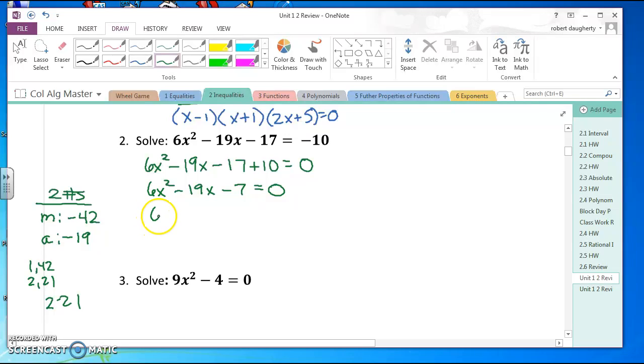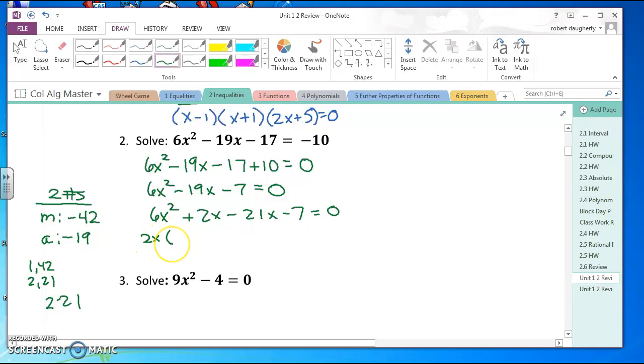So I'm going to rewrite this equation as 6x squared plus 2x minus 21x minus 7 equals 0. Four terms, only method I know to do is grouping.